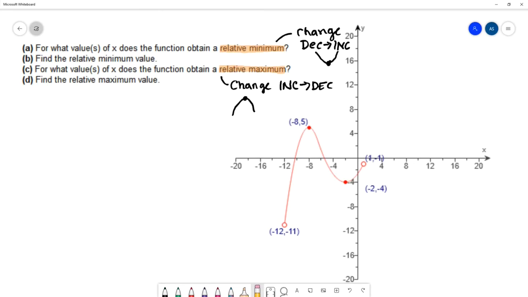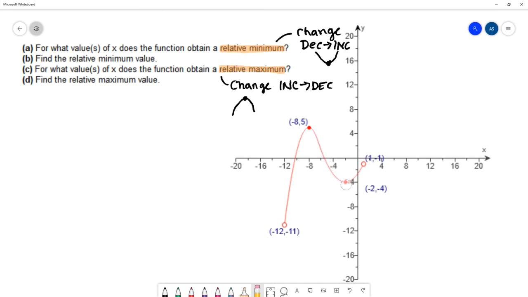So I'm going to trace the graph going from left to right. This point here is the farthest left, this ordered pair -12, -11. I'll start tracing the graph, and as I'm tracing, I notice that the y values are increasing. So this portion of the graph is increasing. And when we get to -8, 5, we can now see that the graph is decreasing.